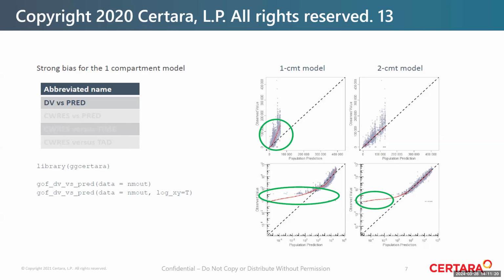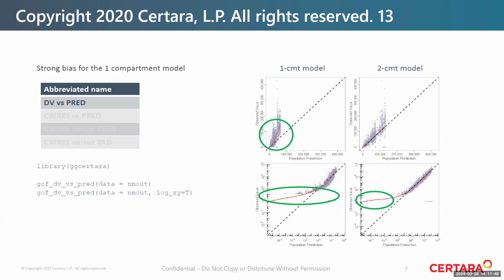But if you fit the same data on a two compartment model, the data falls along the fitted line, which is also the case when we plot the same data on a log scale. Here, where it's shaded a lot, the data has deviated a bit from the fitted line, and it's going down.